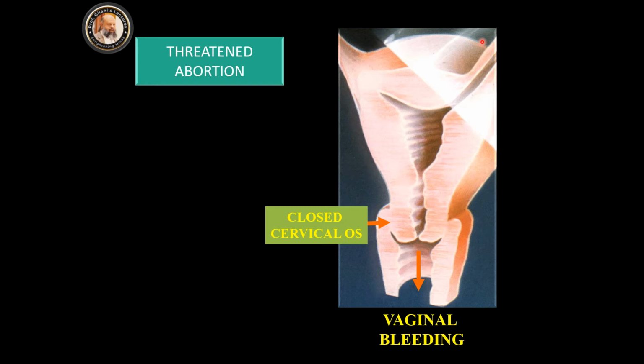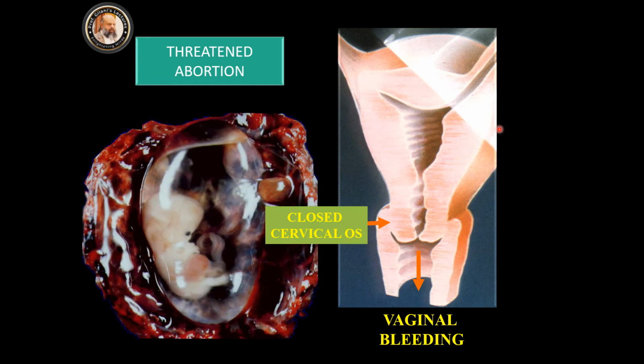It happens when the os becomes unusually narrow or completely blocked off. So the patient will have cramps, closed cervical os with vaginal bleeding, and a history of a positive urine or blood test for pregnancy.